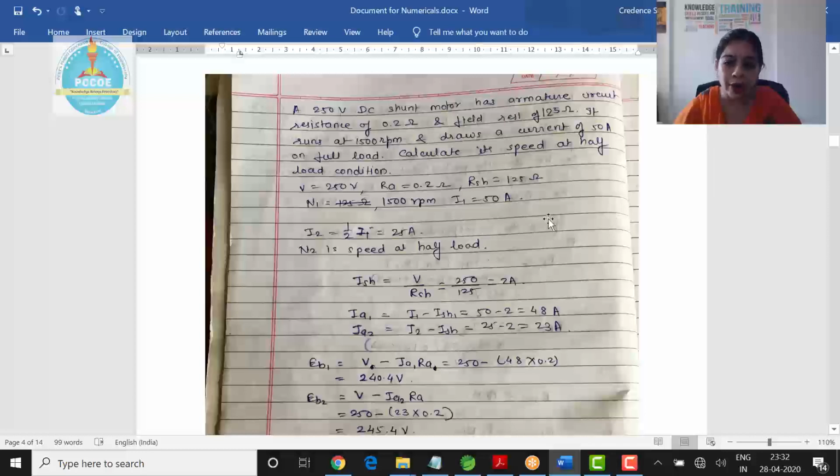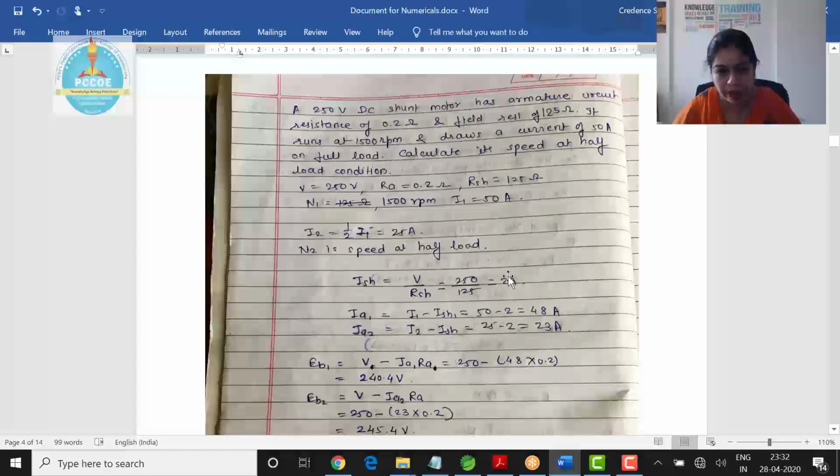Now for calculating EB1 we require IA1, and IA1 can be calculated from ISH, because the total current I is equal to ISH plus IA. So I is given. If I can calculate ISH, I can easily calculate the value of IA. So for calculating IA, we are going to calculate the value of shunt current. So ISH is equal to V upon RSH is equal to 250 upon 125, that is 2 amperes.